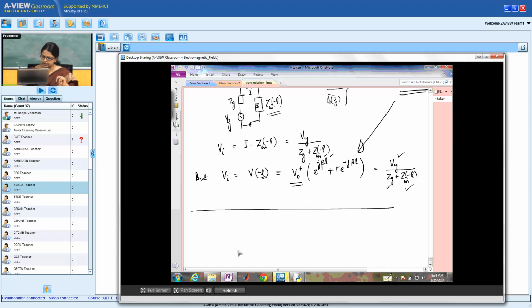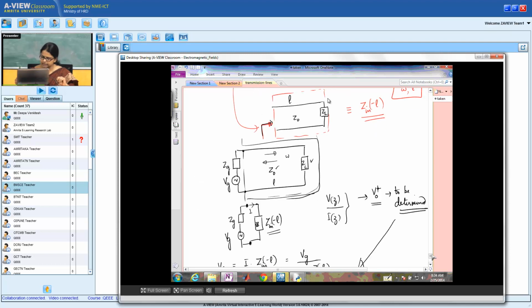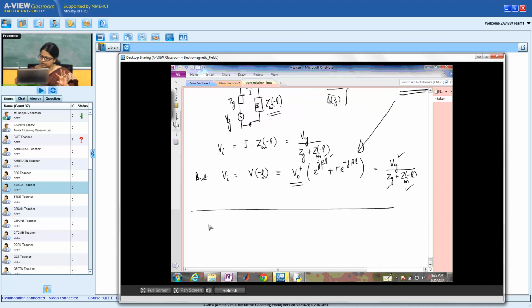So to sum it up, when I connect a voltage source to a load through a line where the transmission line effects cannot be ignored, what I get is standing waves set up along the line when gamma is not equal to 0.